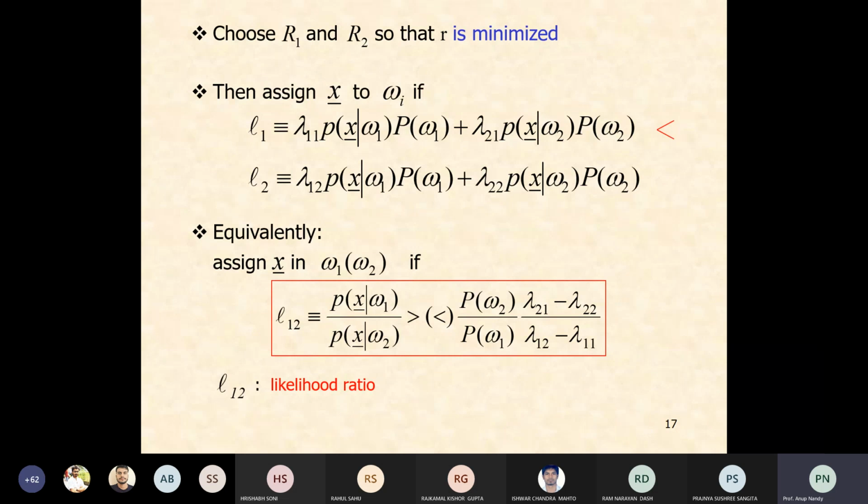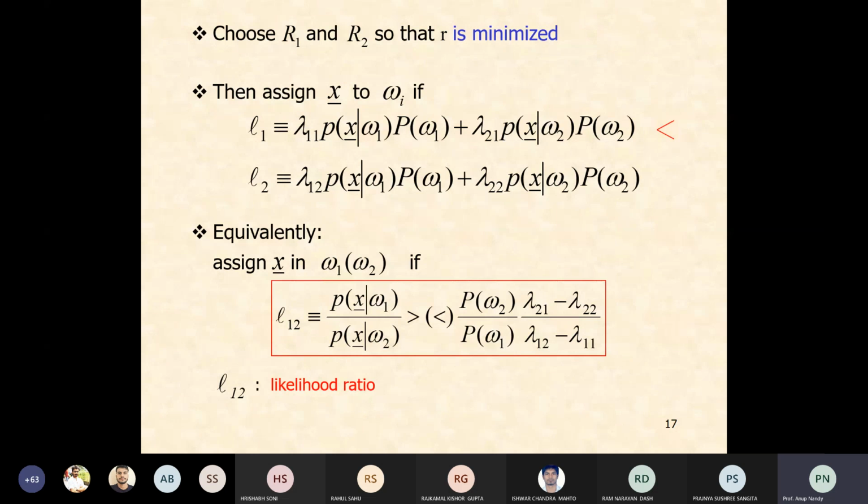We have already seen that P(x|w1) is the likelihood function of w1 with respect to x. So L12, which is P(x|w1) by P(x|w2), is greater than or less than P(w2) by P(w1) into the loss term, (λ21 minus λ22) divided by (λ12 minus λ11). This L12 is called the likelihood ratio, and the preceding test is the likelihood ratio test.